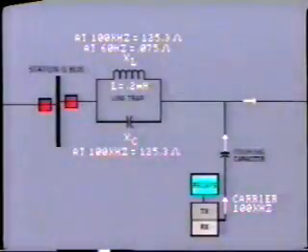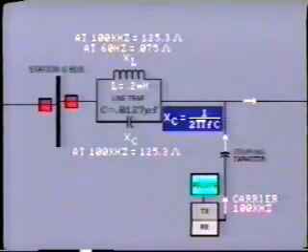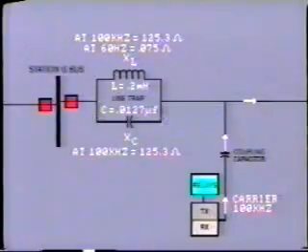We can calculate this from the formula. The capacitive reactance, XC in ohms, equals 1 over 2 pi the frequency in hertz times the capacitance in farads. This works out to a required capacitance of 0.0127 microfarads.